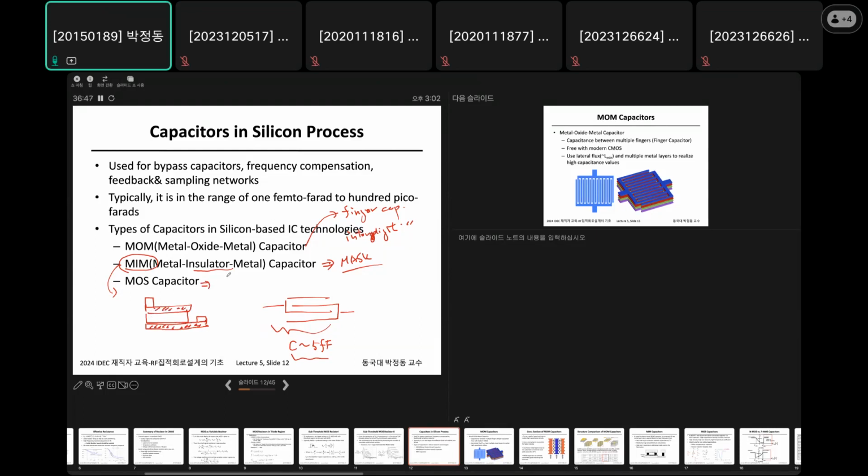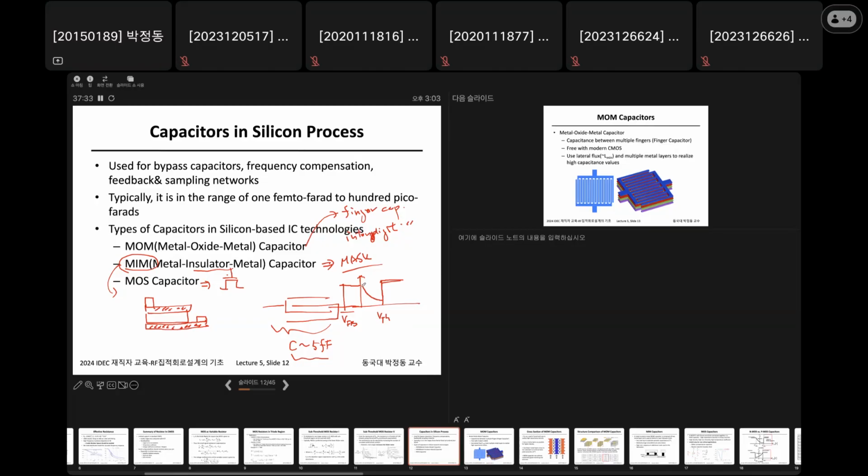For the metal oxide semiconductor device, this has very good capacitor characteristics. Let's say this is the flat band voltage, V flat band, and this is V threshold. When it is higher than threshold, the capacitance is large, so it's something like this.